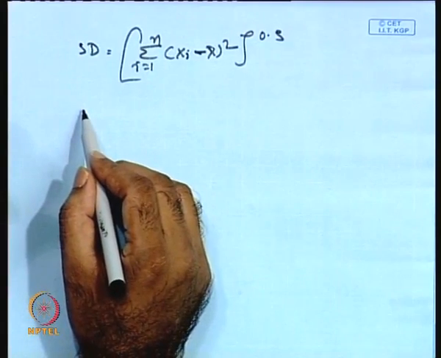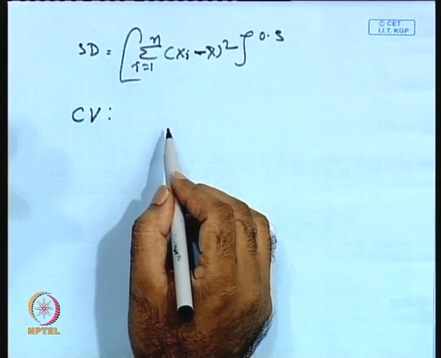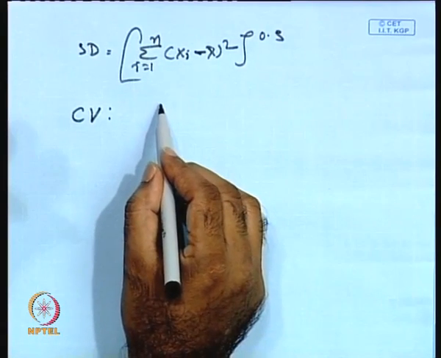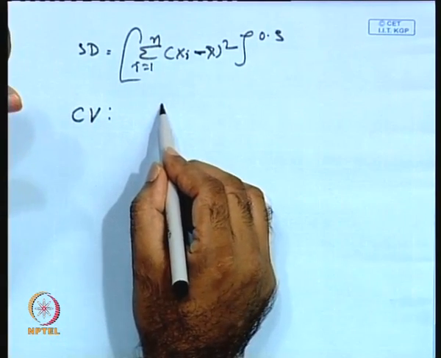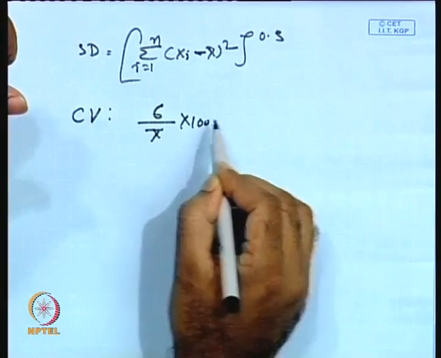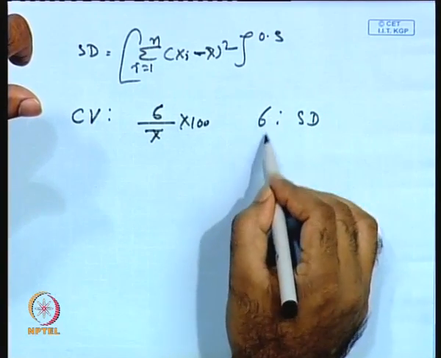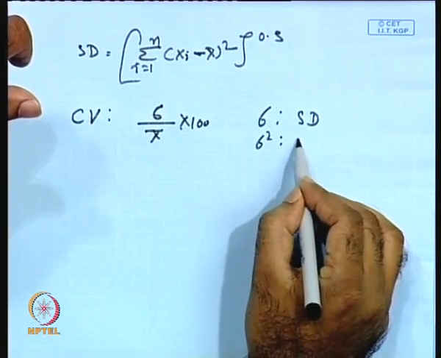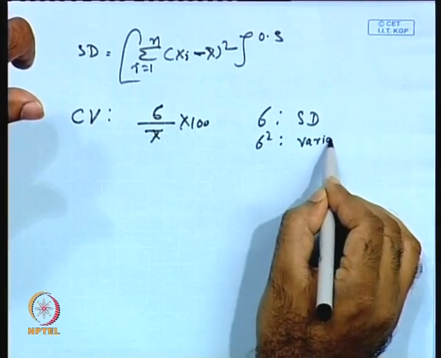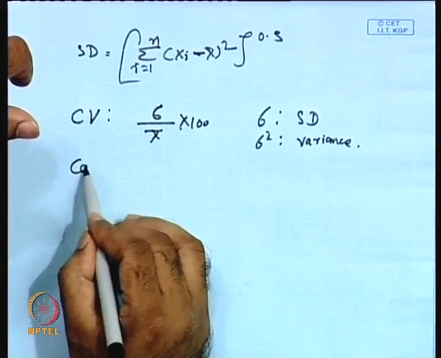Now come down to the relative measures. Under relative measures, the first standard technique is the coefficient of variation. Coefficient of variation is simply represented as sigma by x bar multiplied by 100. Sigma usually represents the standard deviation. The square of standard deviation is called variance. Now come down to coefficient of quartile deviation.